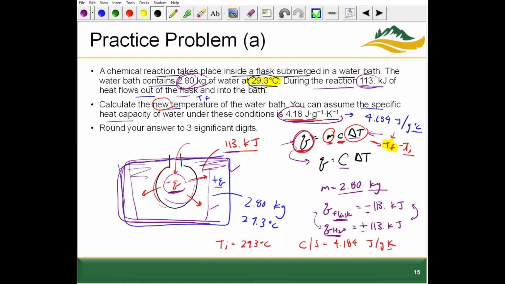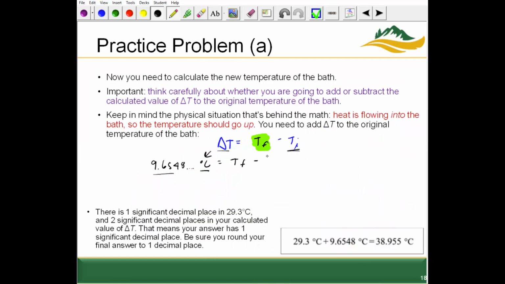So let's go ahead and plug that into our delta T term. So then we're taking this value for the delta T and adding 29.3 degrees Celsius. We should get a T final of about 38.955. Because we're working in degrees C, we can say degrees C for our units.